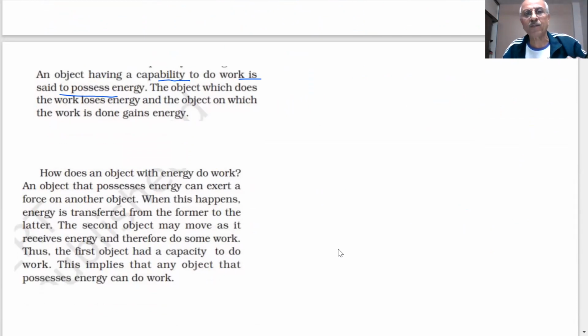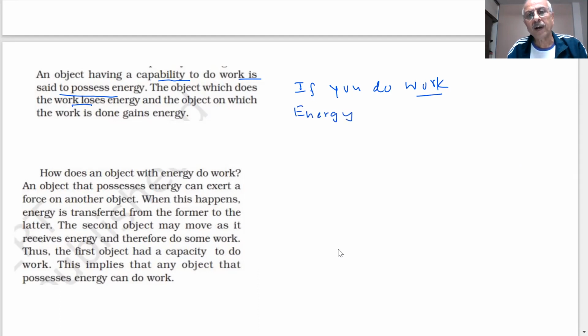As soon as you get up, you are doing work and using your energy. The object which does work loses energy. Can you do work without energy? No, sir. Energy will be required. Energy will be used to do the work.